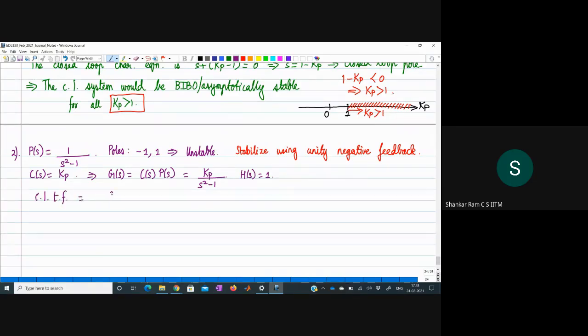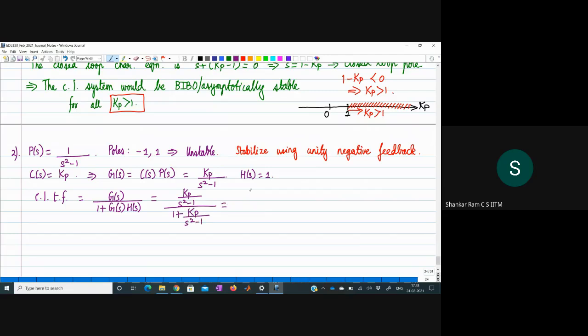So the closed loop transfer function is going to be G of s divided by 1 plus G of s times H of s. So what we will have is the following. We will have Kp divided by s squared minus 1, divided by 1 plus Kp divided by s squared minus 1.